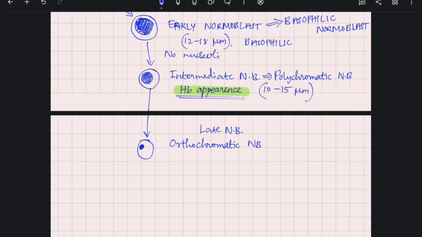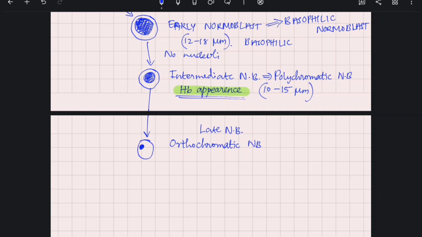Okay, here if you see this nucleus, you will be a bit confused, so we'll make it like that. The nucleus is eccentric, also partially extruded. That means the nucleus is being expulsed or thrown out of this cell. We are getting rid of the nucleus. Not only the nucleus, also mitochondria and some of the other cell organelles as well.